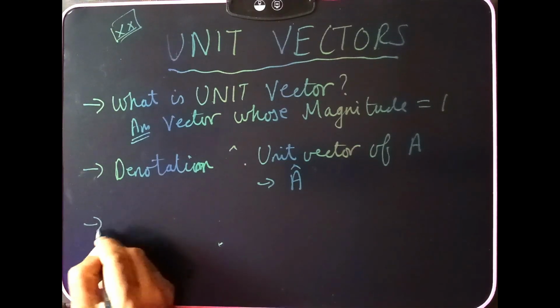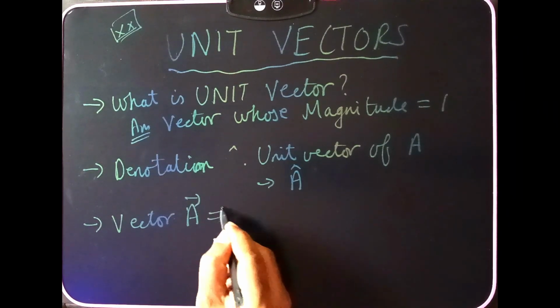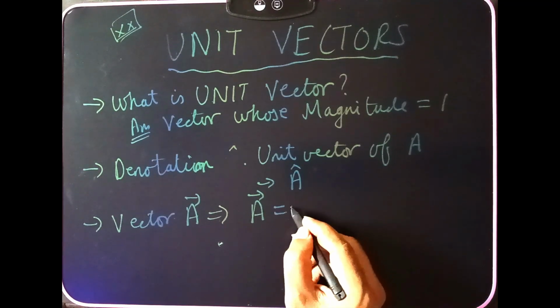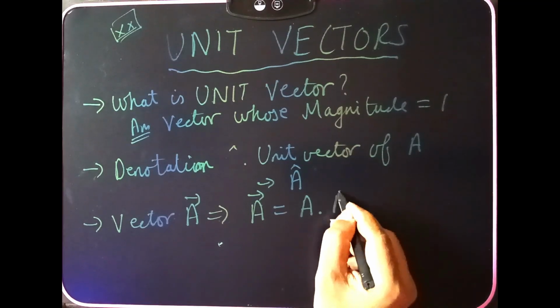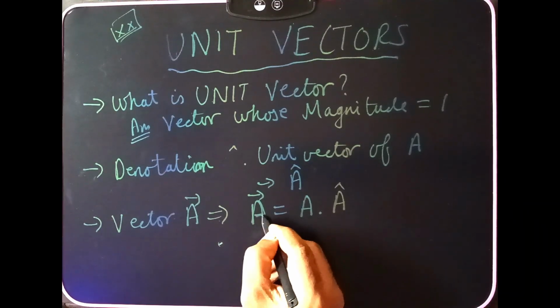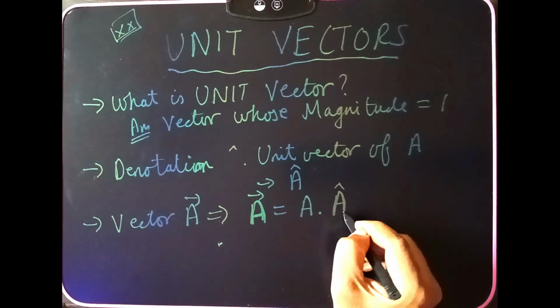So the vector A can be written as A times the unit vector, which means that the vector A has the same direction as that of the unit vector A cap, but its magnitude is A times the magnitude of the unit vector.